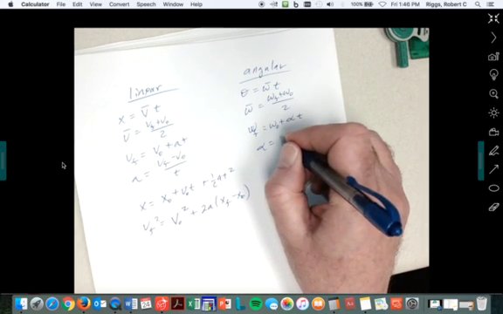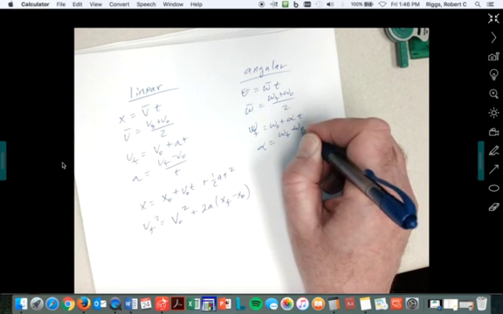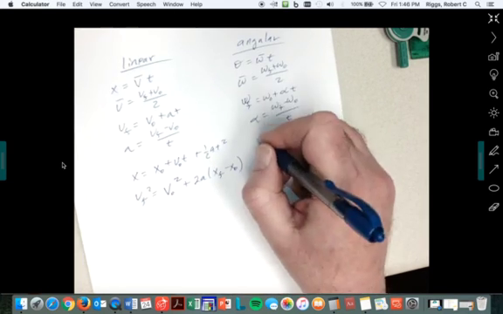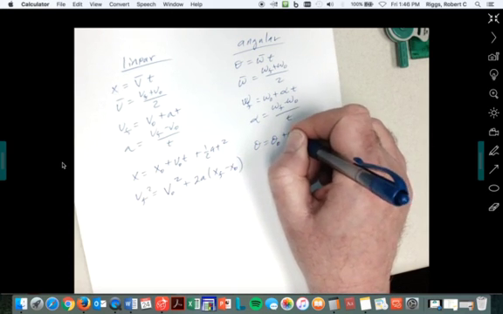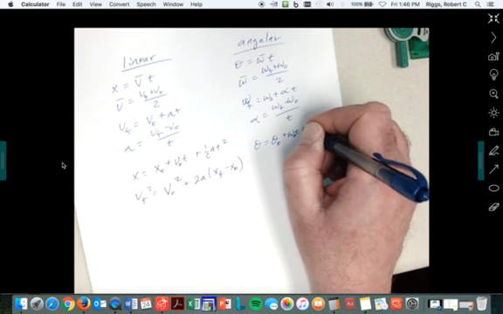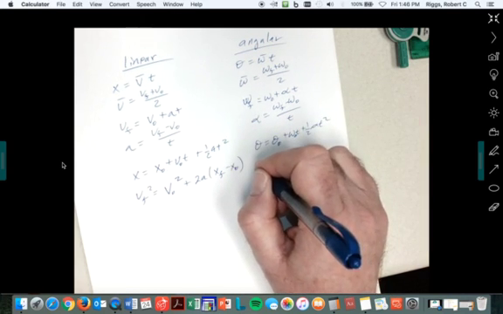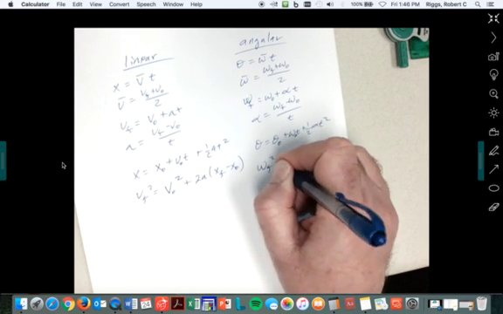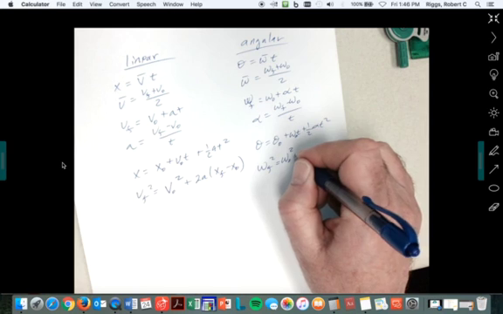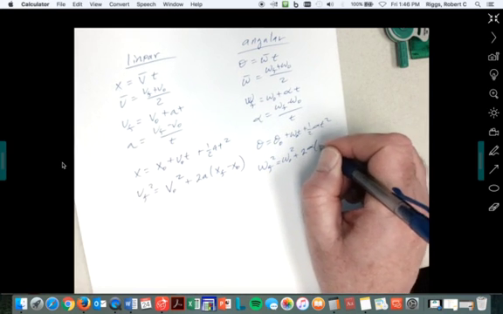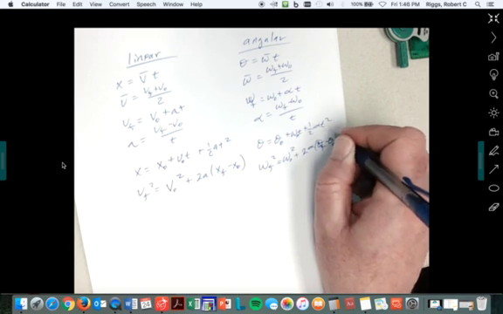Alpha is equal to omega final minus omega initial over t. And same thing here, theta is equal to theta naught plus omega naught t plus 1/2 alpha t squared. And omega final squared is equal to omega naught squared plus 2 alpha times theta final minus theta initial.